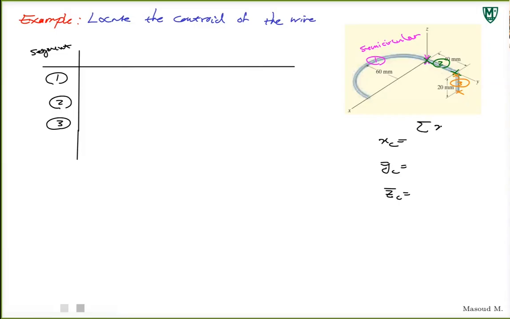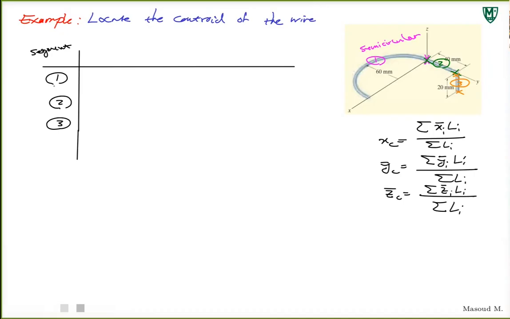What is XC? XC is the summation of X bar i times Li over the summation of Li, or total length. YC is the summation of Y bar i times Li over the summation of Li. And ZC is the summation of Z bar i Li divided by the summation of L, the total length.